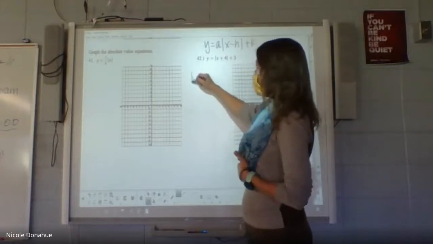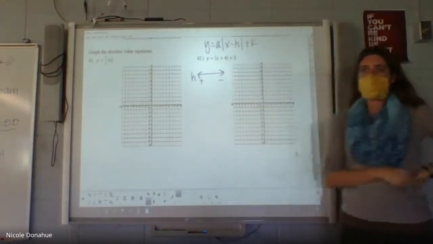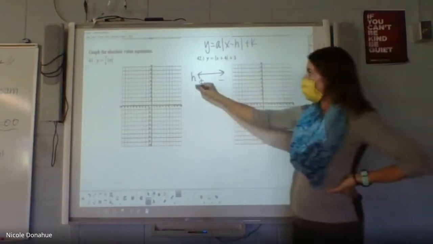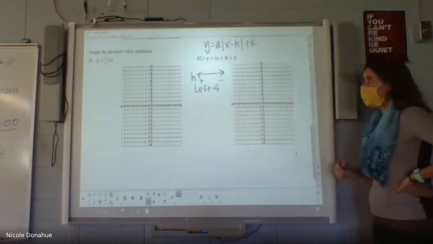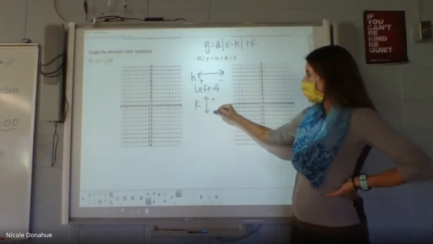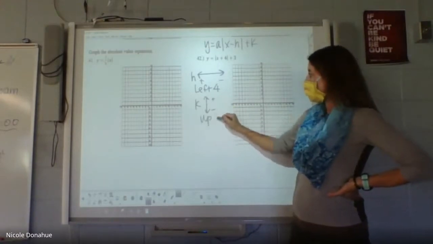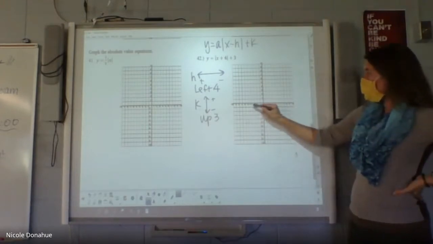Since this looks like it's a +4, it actually should go left 4. That's from the center. Then the K goes the way you expect, either up or down. So this should go up 3. So from the center, I'm going to go left 4 and up 3.